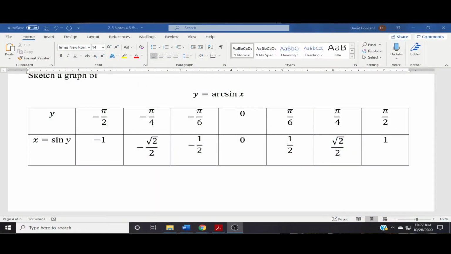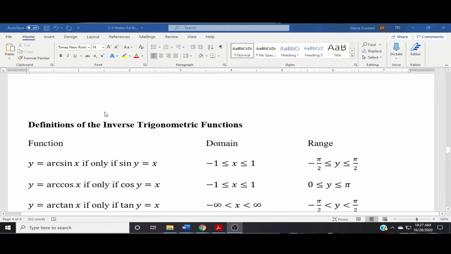There are our x values we're plugging in, and here are our y values we're getting out. This gives you an easy comparison between x values and y values. If you couldn't read that, let's pull it up real quick. That's our x and y values for the function y equals arc sine of x.